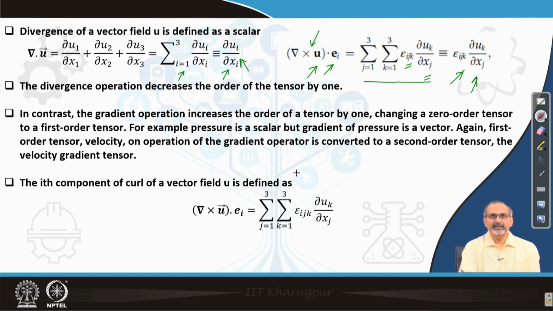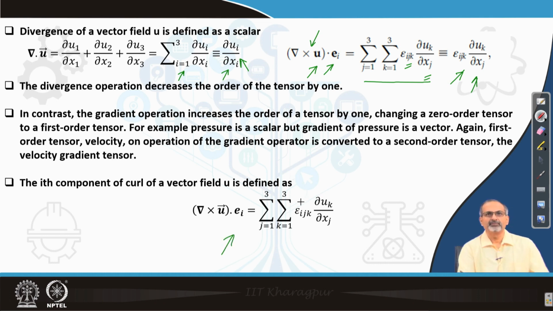The moment you apply it, it becomes a vector, which is a first order tensor. That can happen for pressure, for example: pressure is a scalar, but gradient of pressure is a vector. Again, first order tensor velocity, on operation of the gradient operator, is converted to a second order tensor, the velocity gradient tensor. The ith component of curl of a vector field u is defined like this, which we have already stated on top.